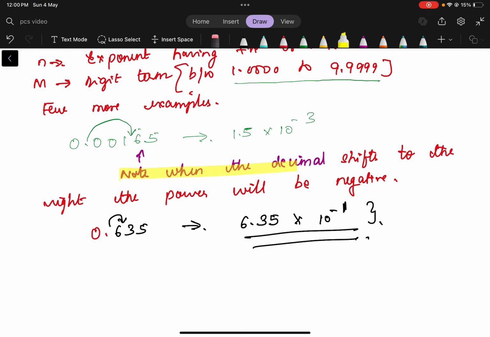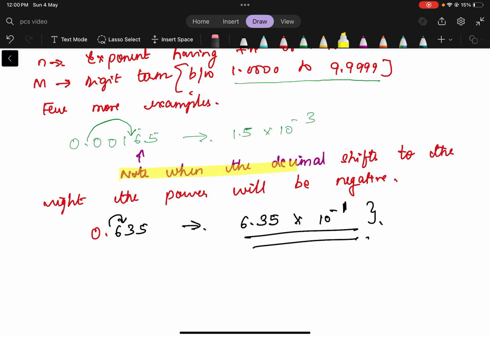So note, again there is a note: when the decimal shifts to the left, the power will be positive.